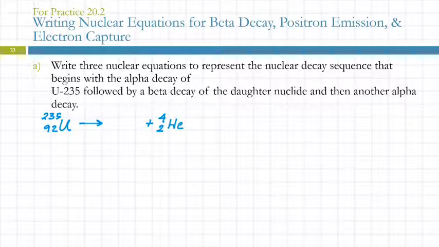So there's the symbol for the alpha particle. And then we are going to fill in the blanks, essentially, for the numbers here. We know that the total of the superscripts on the right has to equal the superscript on the left.